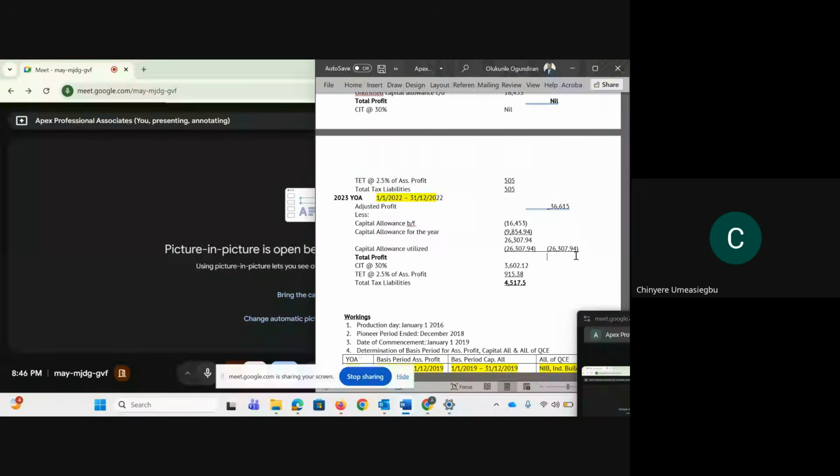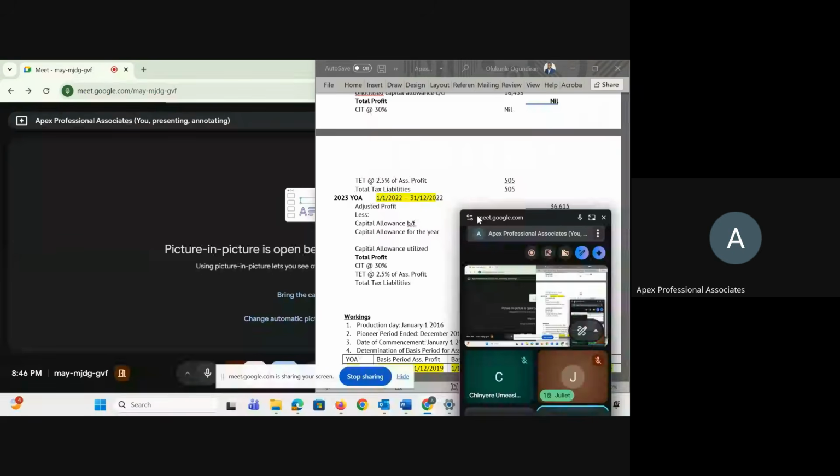And 307.06. Your CIT is wrong. 3092.12. Then your total tax liability is also wrong. 4007.5. So you see, that's how you miss your 5 marks in the exam.